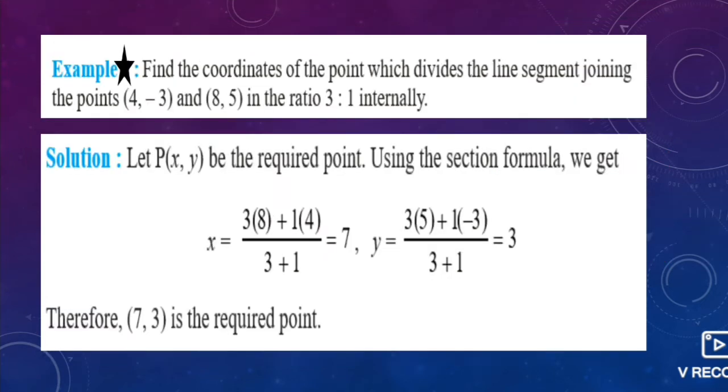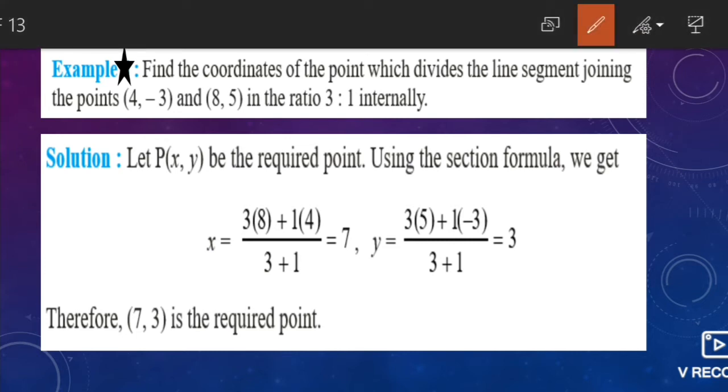Now let us discuss some examples. First one: find the coordinate of the point P which divides the line segment joining the two given points in the ratio 3:1. That means in place of m1 is to m2, it is given as 3:1.